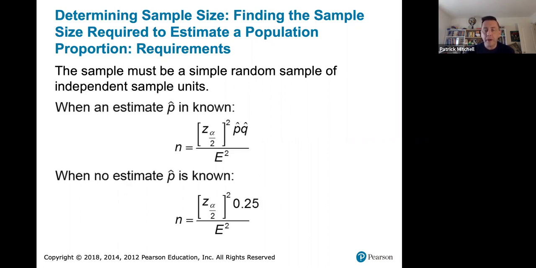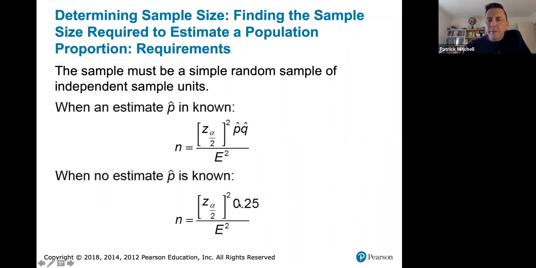So maybe I haven't come up with the sample proportion yet because I haven't even collected a sample. Okay. So if that's the situation you're in, then you do n equals the critical value squared times 0.25 divided by E squared.